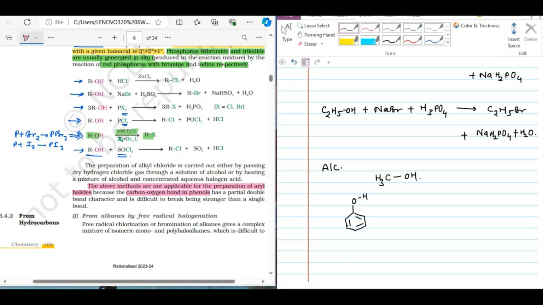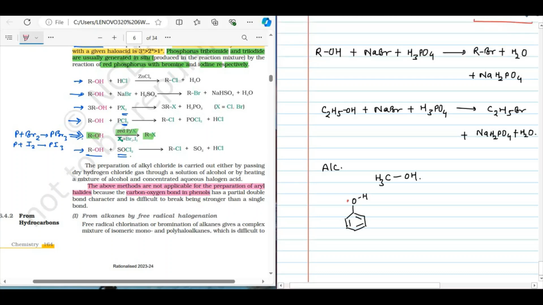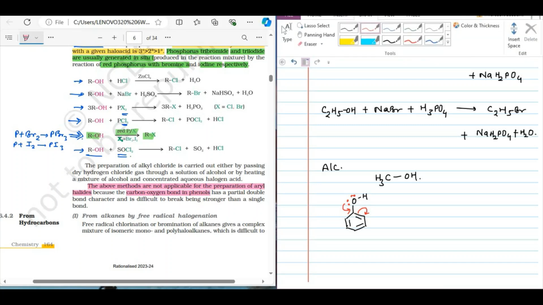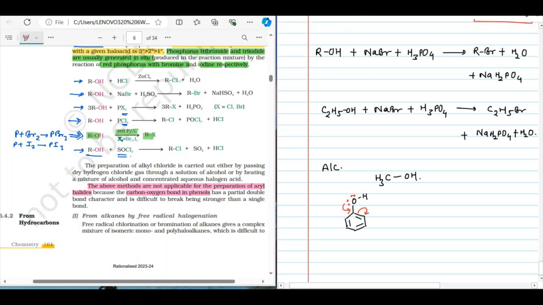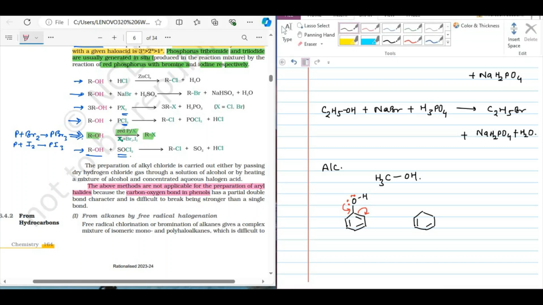In case of oxygen, there are two lone pairs. When these two lone pairs delocalize over the benzene ring, the double bond moves to the carbon in the form of negative charge. So when you draw another resonating structure, that you have learned in the 11th standard, these two bonds remain the same and the double bond moves to another carbon in the form of negative charge.